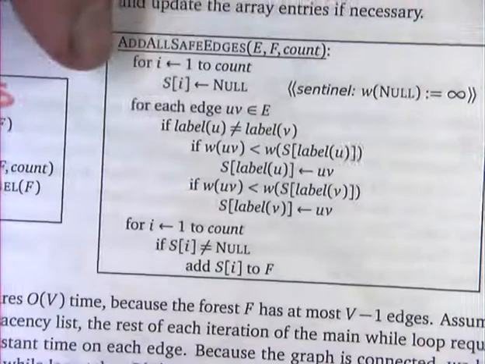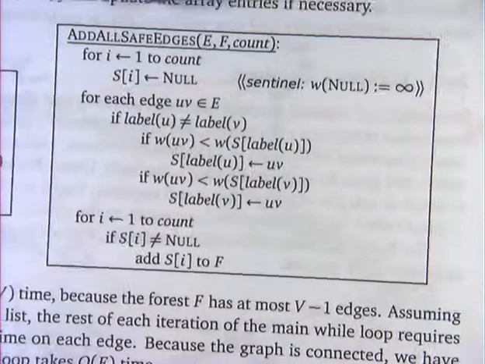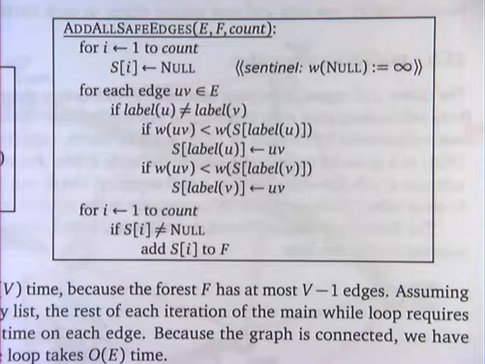Then the second part of the algorithm is really just a bunch of bookkeeping. I'm going to keep an array S. S sub i is going to eventually be the safe edge leaving component i. I look at every edge. Its label is the number of the component the vertex is in. If the two labels are different, then maybe this is the safe edge leaving the component containing u, or the component containing v. So I just compare: is this edge lighter than what I currently think the safe edge is for that component?